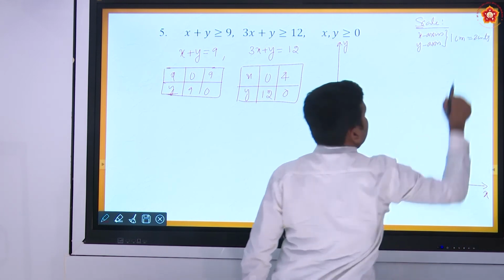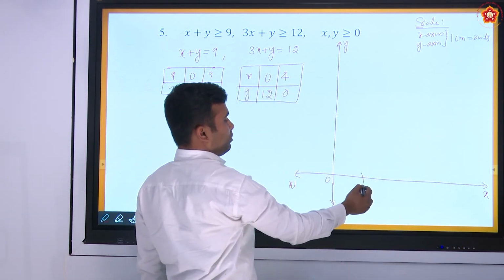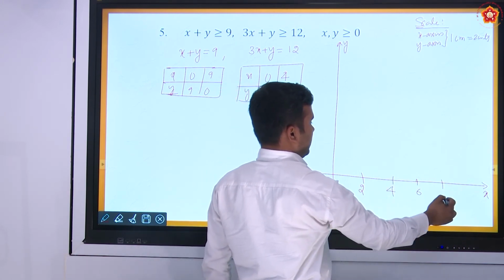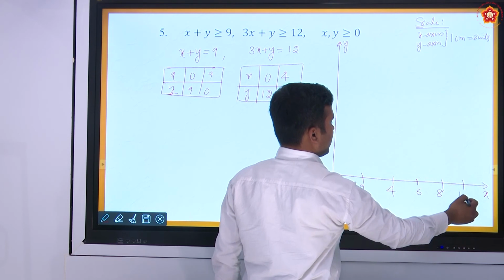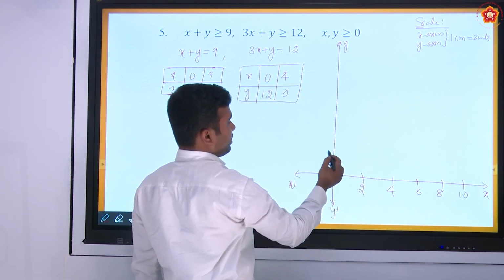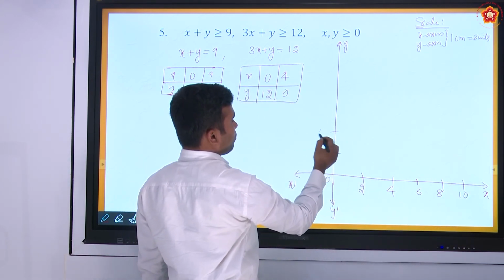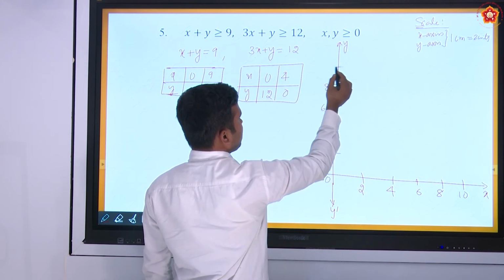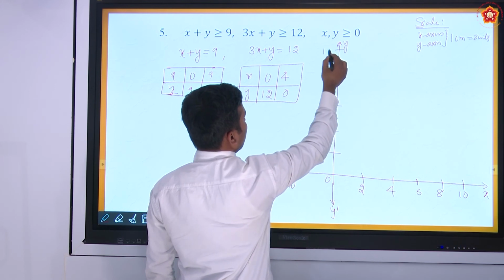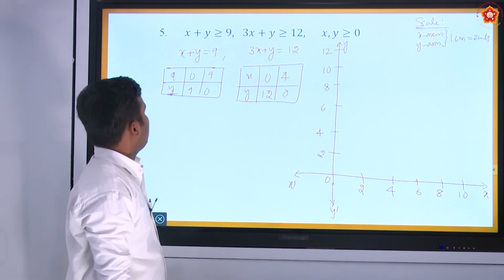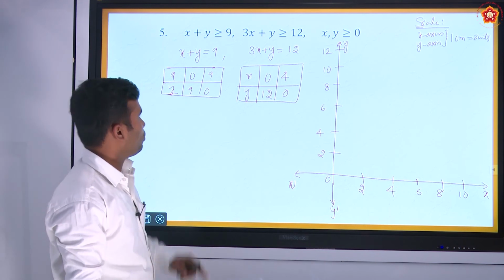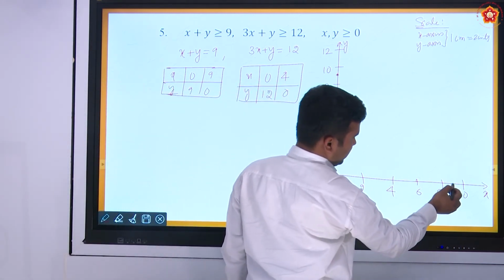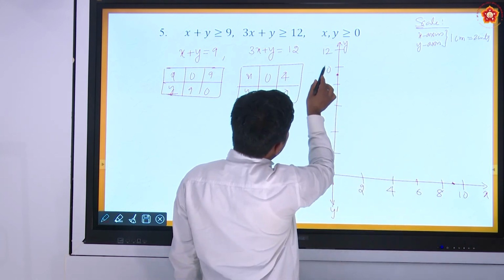So it will be 2, 4, 6, 8, 10. Similarly, y axis 2, 4, 6, 8, 10, 12. Now let us represent these 2 points, 9 comma 9. 9 is somewhere here, right? So 9 is here. Then join these 2 points.